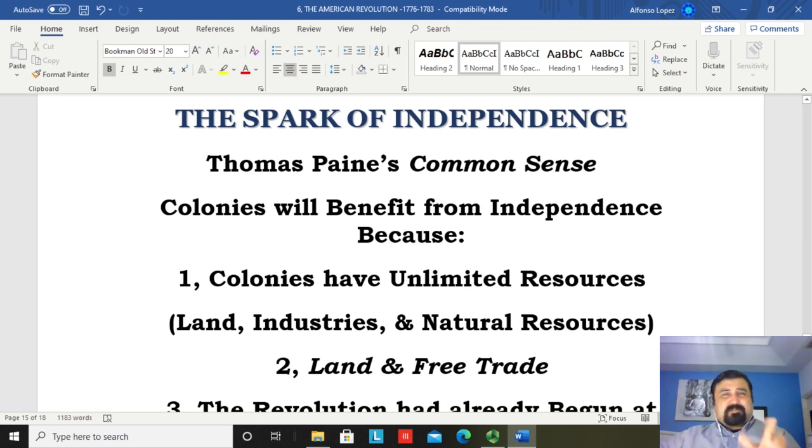But at this point, by 1775, Thomas Paine doesn't believe that staying in the British system is what the colonies actually require. He believes that independence is what the colonies needed, if the colonies were to prosper and benefit economically, culturally, etc. And he's going to be commissioned by Benjamin Franklin to write this piece.